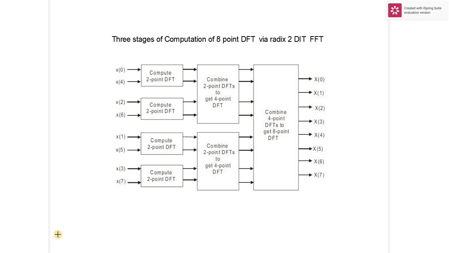In this video, we are going to see about the fast Fourier transform. The fast Fourier transform is a method for computing the discrete Fourier transform with reduced number of calculations.